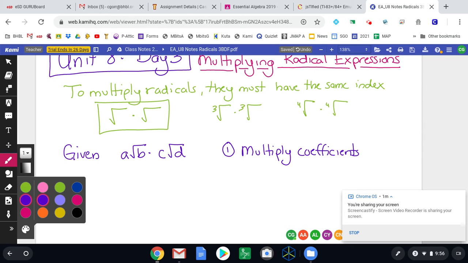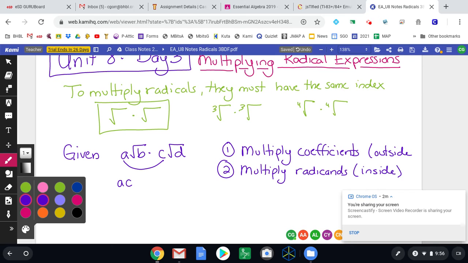And remember, that's just fancy for the outside numbers. So I'm going to multiply the a times c. The second thing I'm going to do is multiply the radicands. And the radicands, remember, is just a fancy word for the inside, what's under the radical. So the b times d.